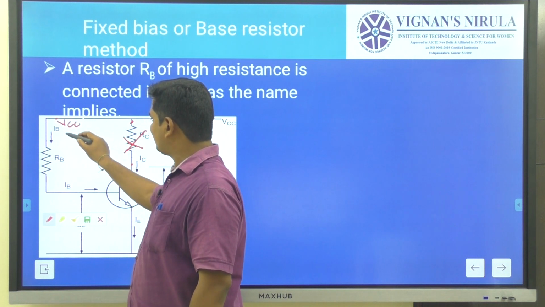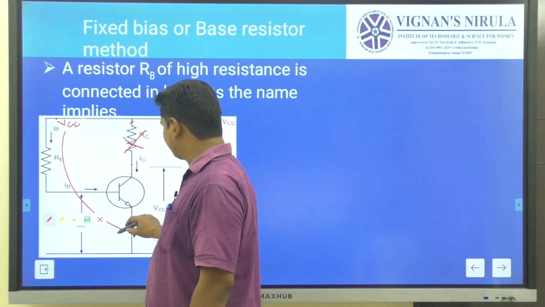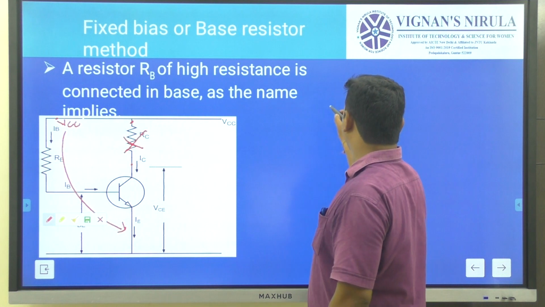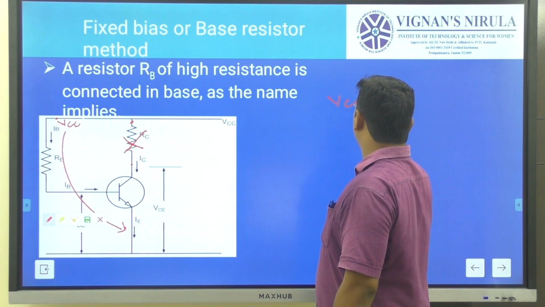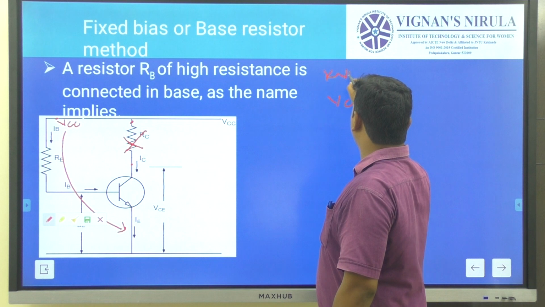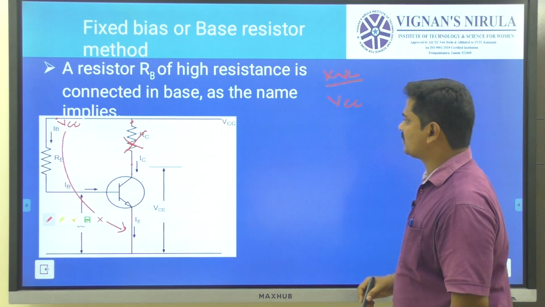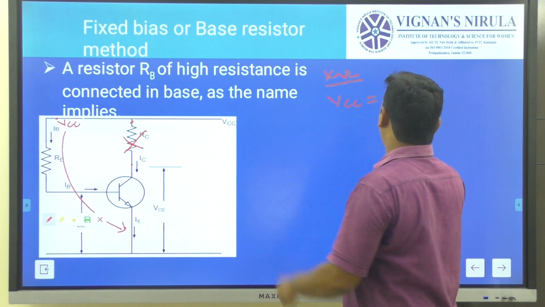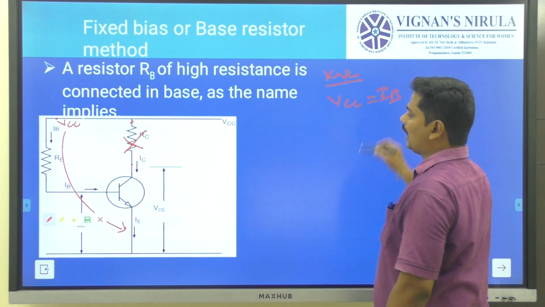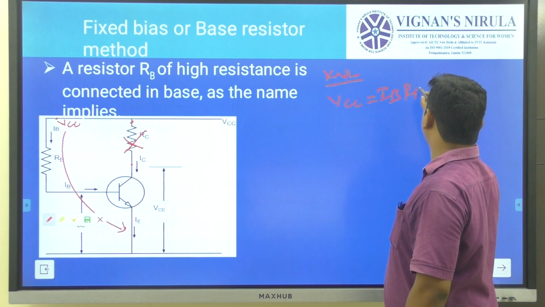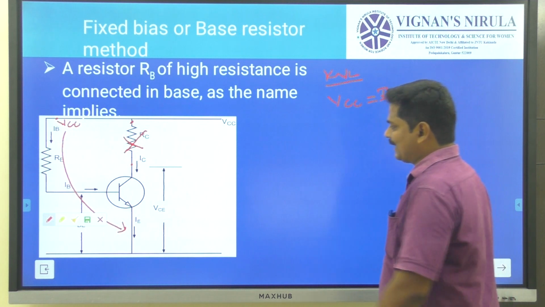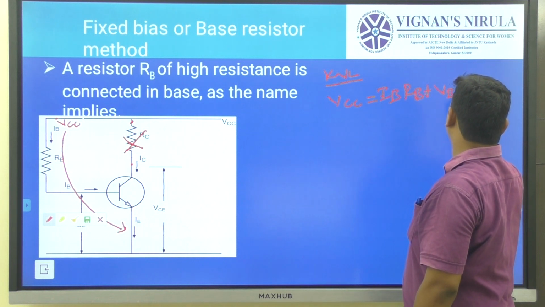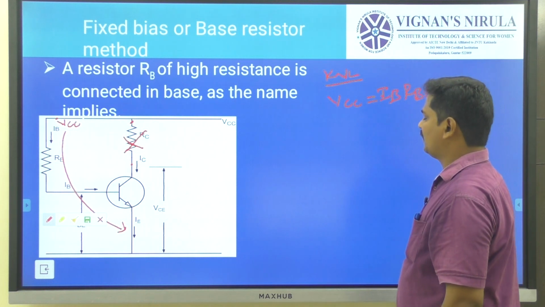Now if you consider the input voltage like this, we can write according to the KVL at the input of your transistor that the applied VCC is equal to IB into RB plus VBE.